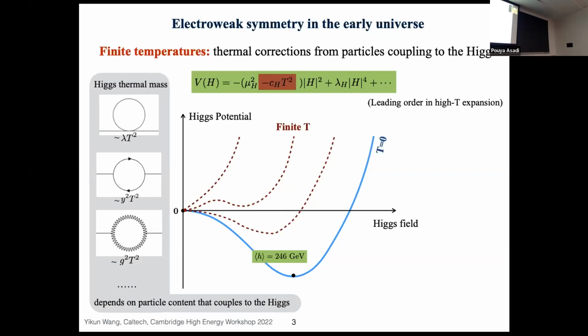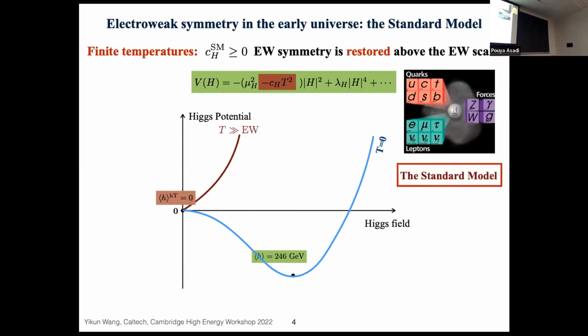For example, a scalar degree of freedom running in a loop is going to give you a correction linearly proportional to your coupling constant. Both fermions and bosons are going to give you contributions proportional to the square of your coupling constant. And this is going to be crucial next for the symmetry restoration. Of course, in the Standard Model, you know pretty much everything that talks to the Higgs.